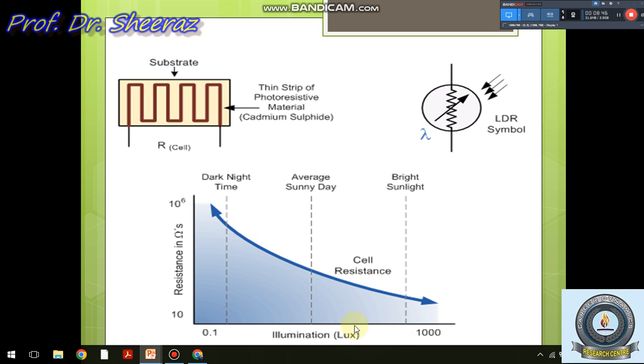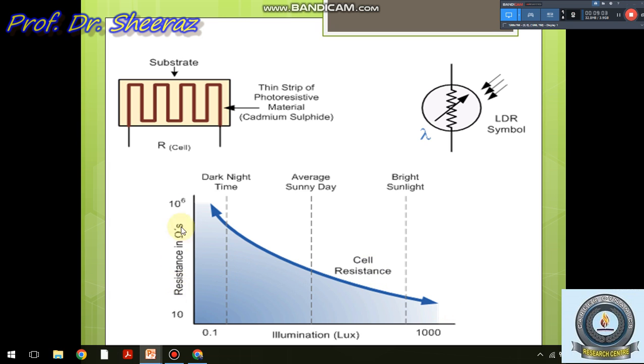This graph shows that between the dark night time and the bright sunlight time, the illumination is increasing. As we move from the dark night to the bright sunlight, the cell resistance is decreasing.